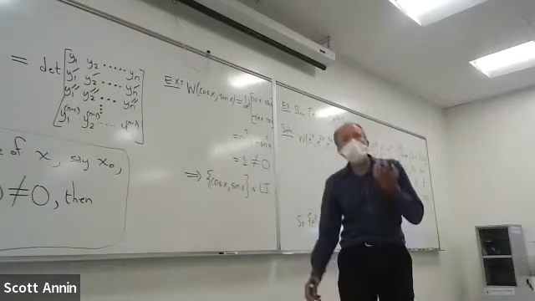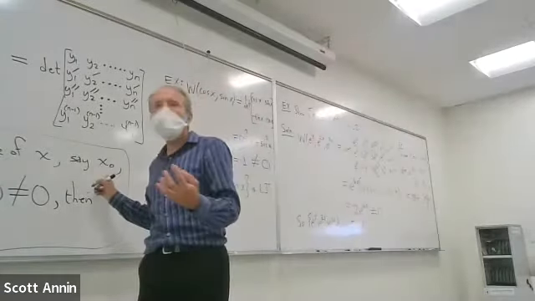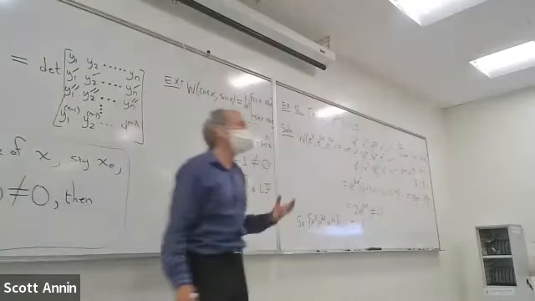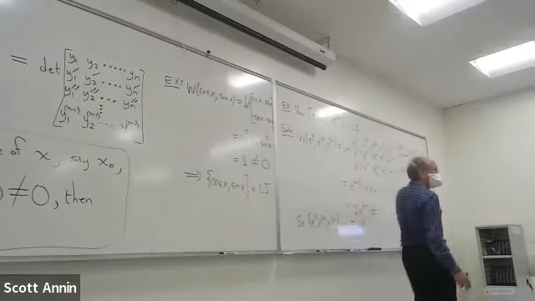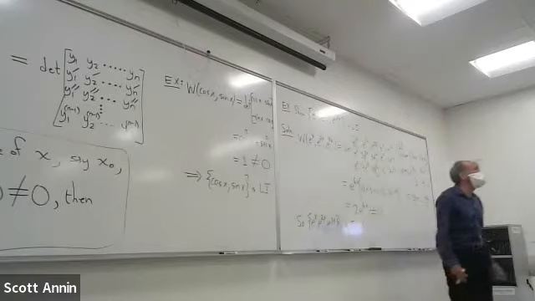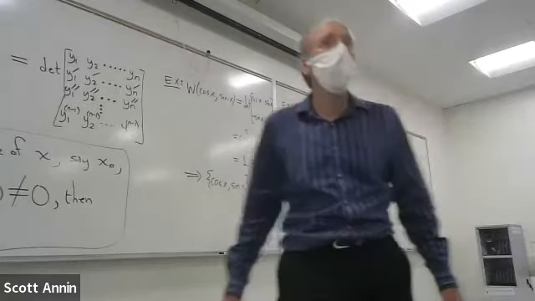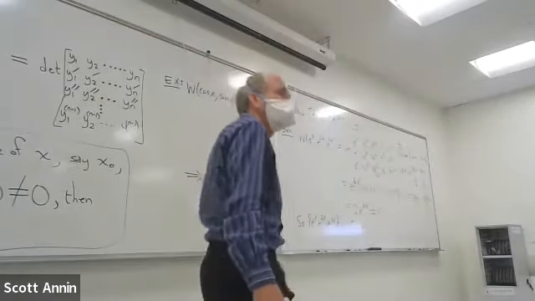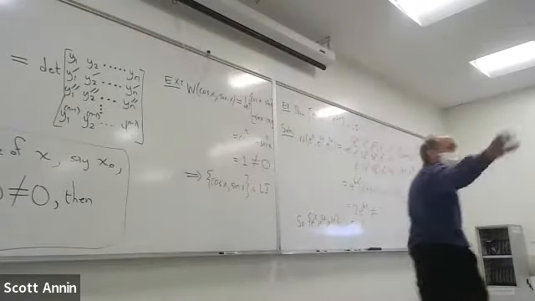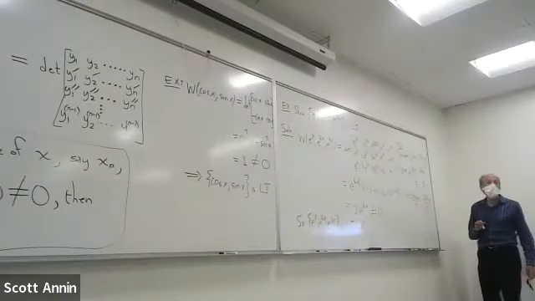Is it possible to find a value of x, say x naught, where the Wronskian is not going to be 0? Can you plug a number in for x here and get it to be not 0? X is greater than 0. Anything x greater than 0.